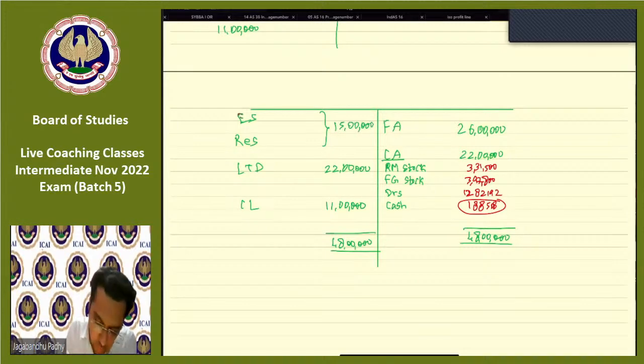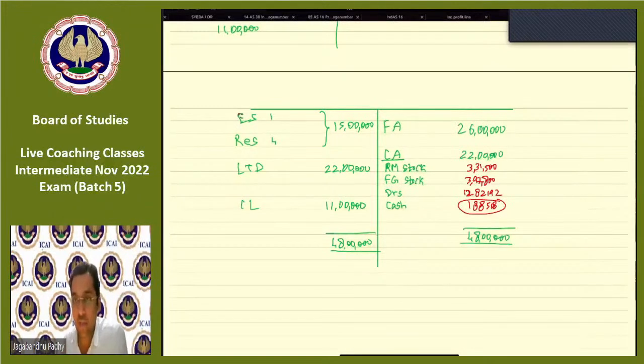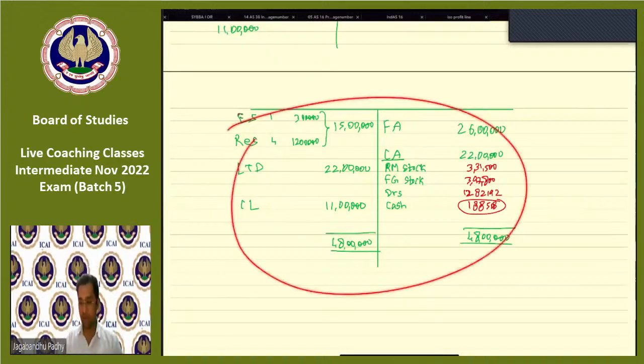Now you can look at the question and say that the ratio between share capital and reserves and surplus is 1:4. When we have this as 1:4 ratio, reserves and surplus will be 12 lakh and equity share capital will be 3 lakh. Right? This is the balance sheet that we were looking at.